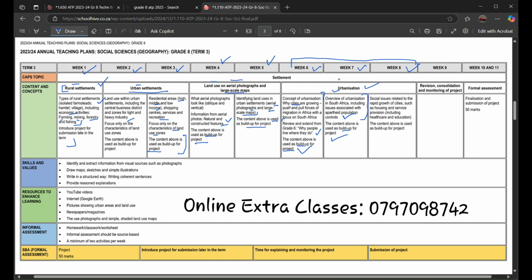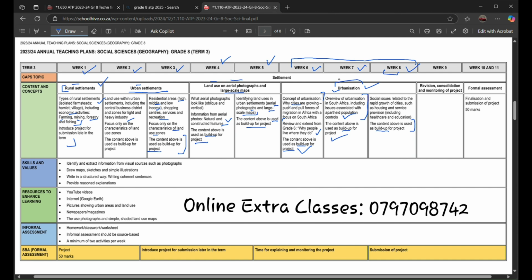And then last but not least, we will move to week 8, which also falls under the chapter urbanization. So here we will be dealing with social issues that are related to rapid growth of cities, such as housing and services provision. Again, after completing this, it will also be part of the project that we will need to do at the end of the term.